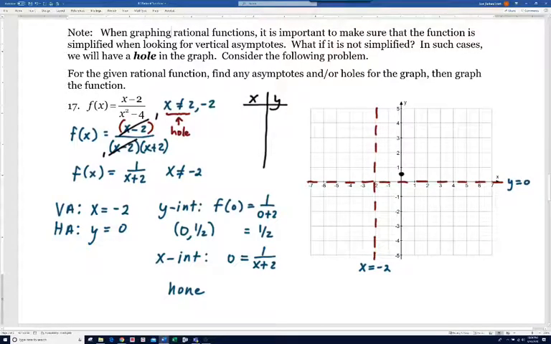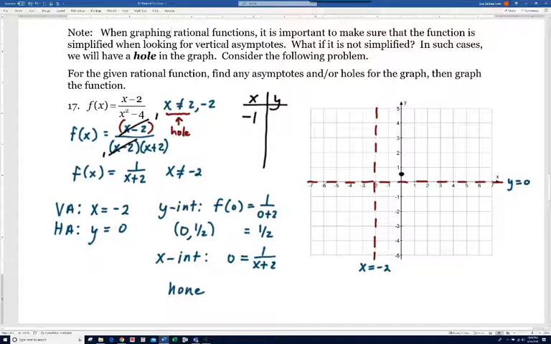I'm going to make a table of values. If you let x equal negative 1, you can either plug it into the function and do the computation by hand, or you can plug the function into your calculator and use your table of values to get a few points.